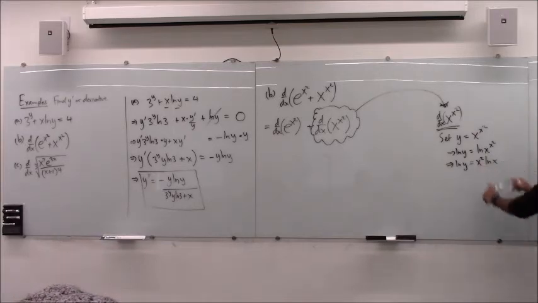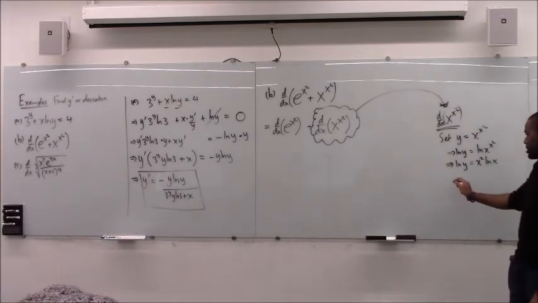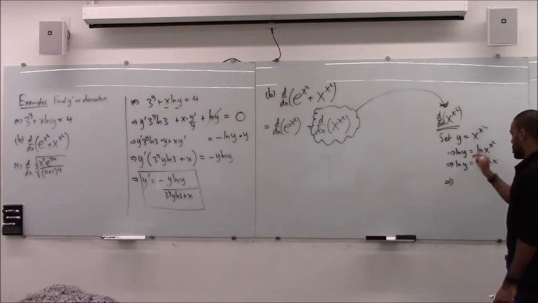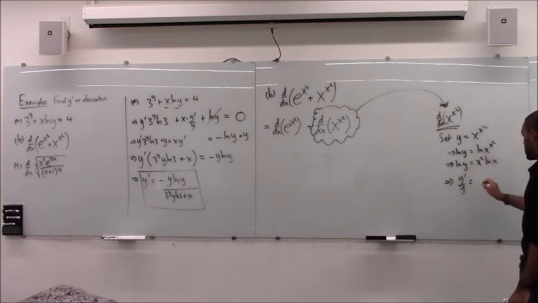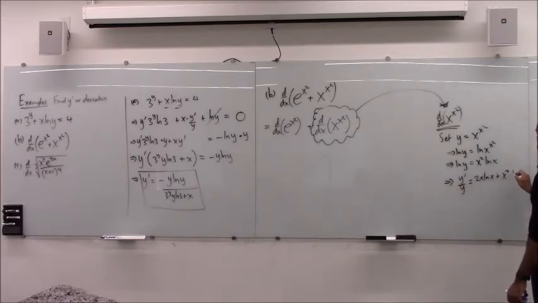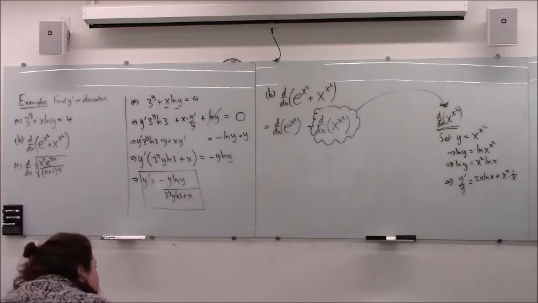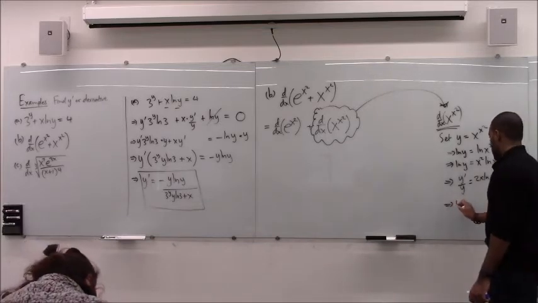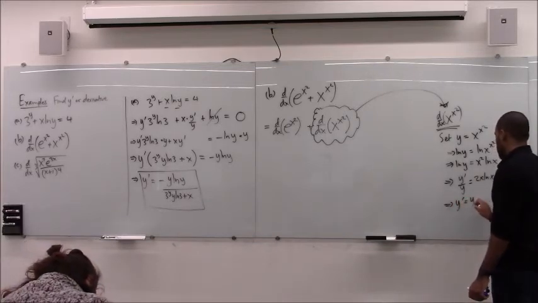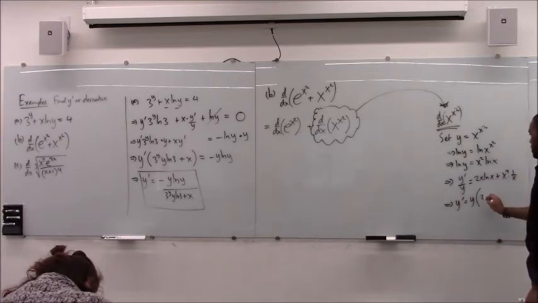Now this is a guy I know how to take the derivative of, because that's just product rule. Derivative of ln y is y prime over y. Derivative of this is 2x ln x, plus you leave the x squared multiplied by the derivative of ln x. And so your y prime is just going to be y times this guy, 2x ln x plus x.